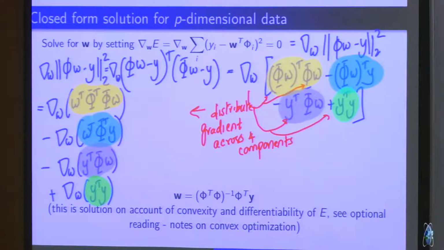What happens to this last component, the gradient with respect to W of Y transpose Y? This disappears, it is 0. What about the other four?